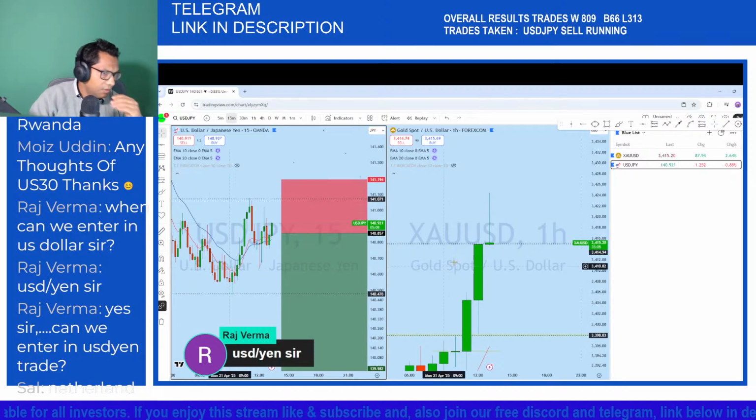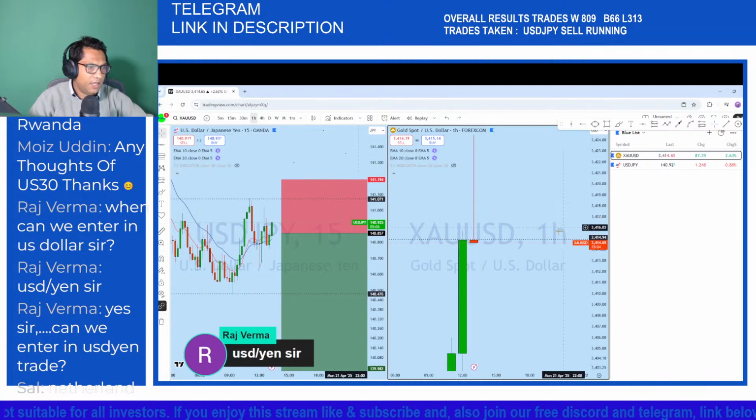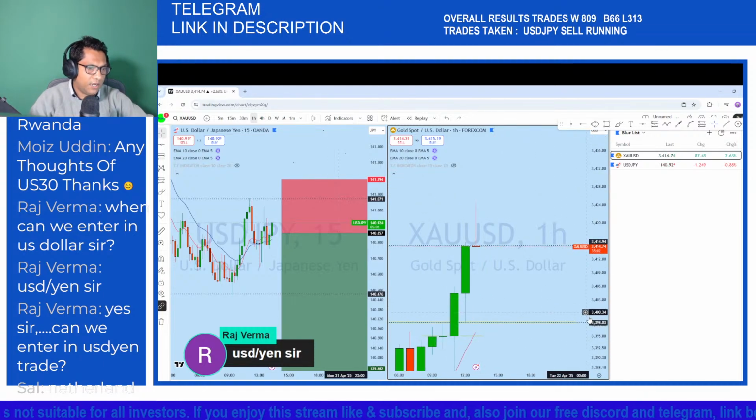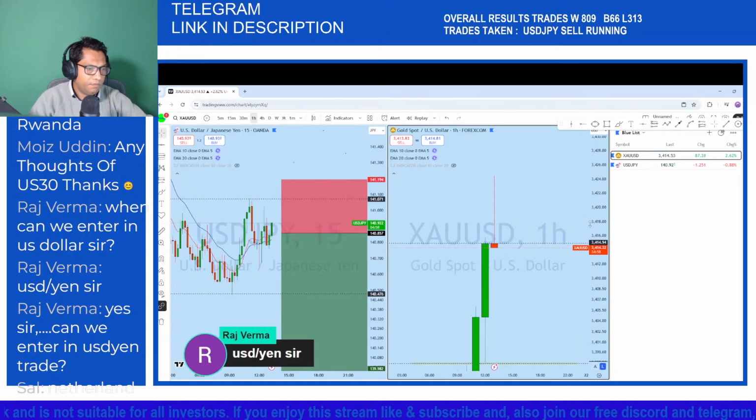So dollar yen, okay, while we can see that on XAUSD as well, the market has dropped back to that support from the lower time frame.